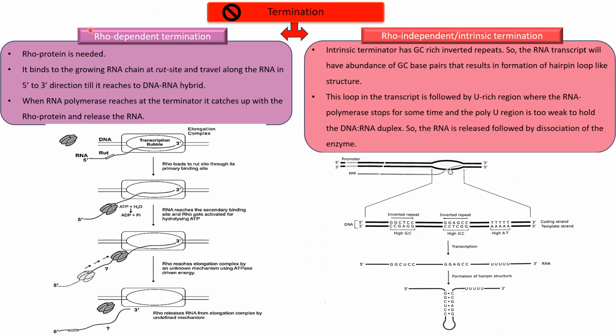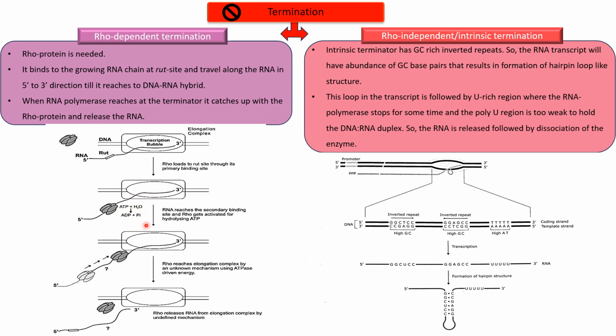Whereas in case of Rho-dependent termination, it requires the Rho protein. Rho protein is the ATP-dependent helicase enzyme that disrupts the DNA-RNA duplex. It binds with the growing RNA chain at RUT site. RUT stands for the Rho utilization site. Then it travels along the RNA chain in 5' to 3' direction with the help of energy.